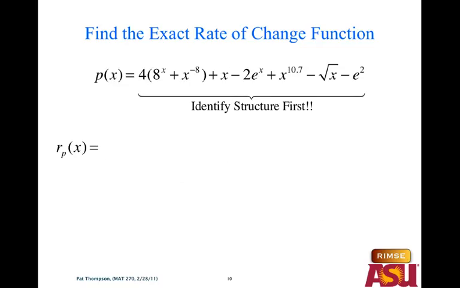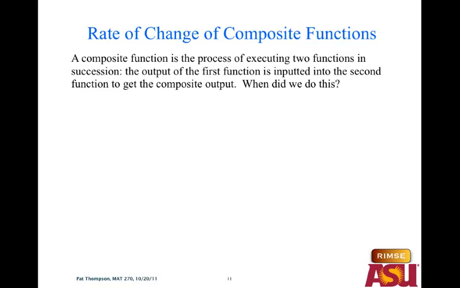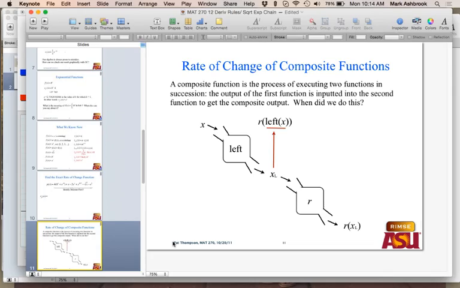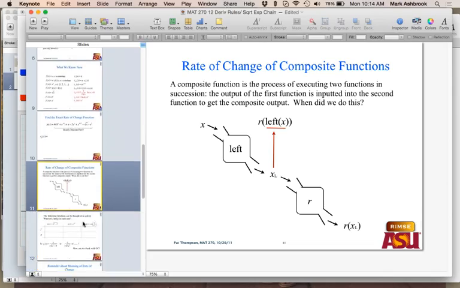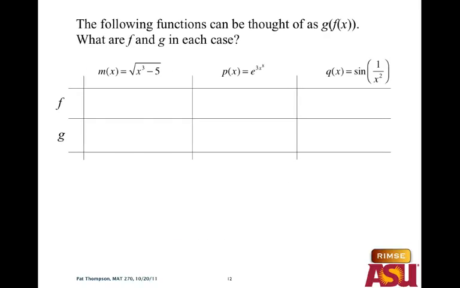Other questions? Okay, so what about a composite function? A composite function is where you have one function, the dependent variable of one function becomes the independent variable of a second function.